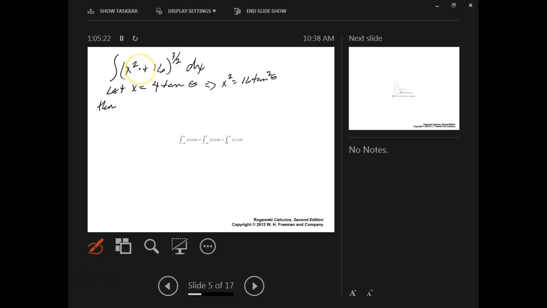Here you have x squared plus 16, so you could add 16 here and add 16 there, right? Okay. And then what could you do? I can't hear you. Is that x to the 18th power? No, it isn't.